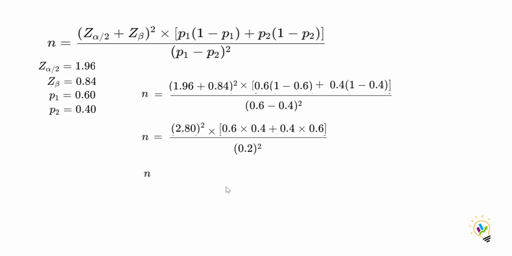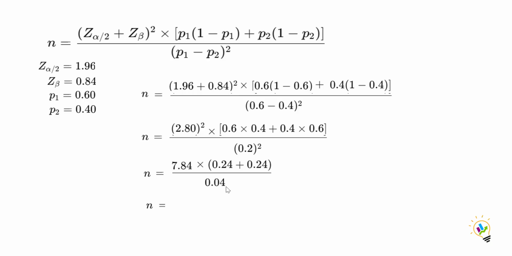Now 2.80 square is 7.84 into [0.24 plus 0.24] divided by 0.2 whole square, which is 0.04.